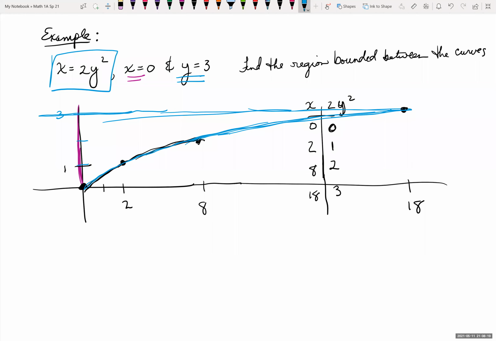So notice which curves we're looking at. y equals 3 is the top, and this function here is the bottom. We're trying to find this area in here.